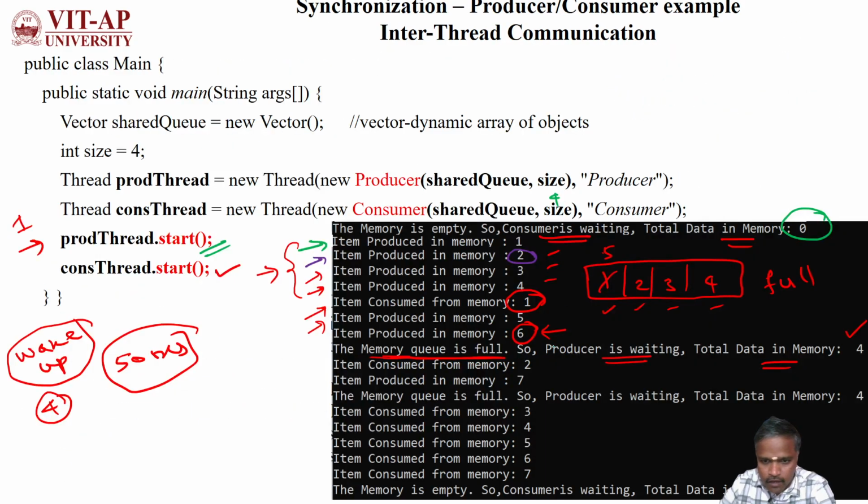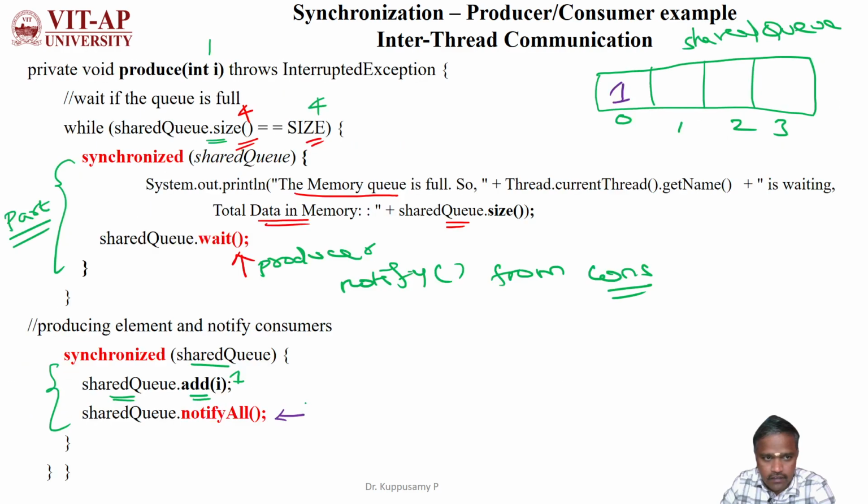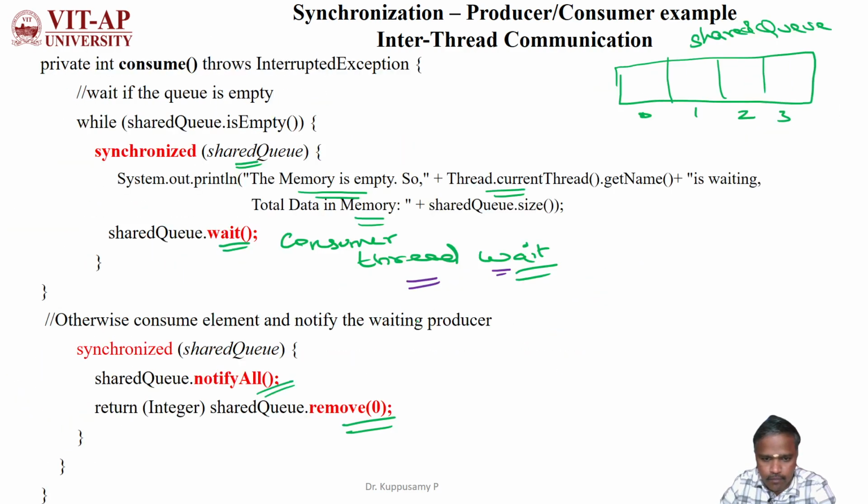Now you look at that, the consumer is consuming data 2 from the memory. After removing the data, he is passing the notify method. So now the producer received the notify signal from the consumer, then he will start the production again.